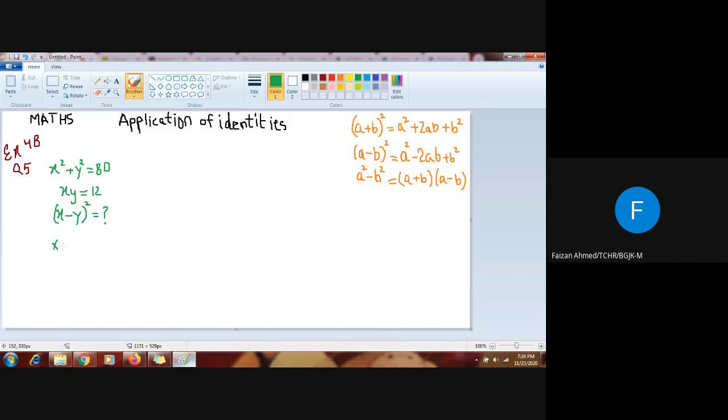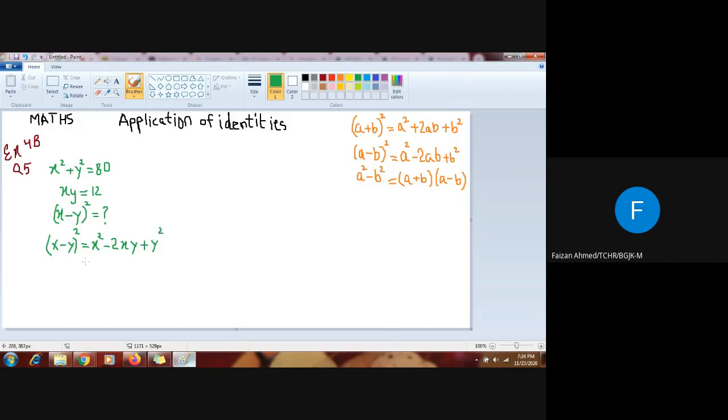I know that (x minus y) whole square, if I am using an identity and considering it as the factorized form, I can write it as the expanded form just like that, x square. And then since it is a negative identity, I will use a negative sign, and I know that it will be twice the product of the two terms. The first term is the x term, so I will write x, and the second term is the y term, so I will multiply this term, and then there will be a positive sign and the square of the last term, which is y. So I will write it as y square.